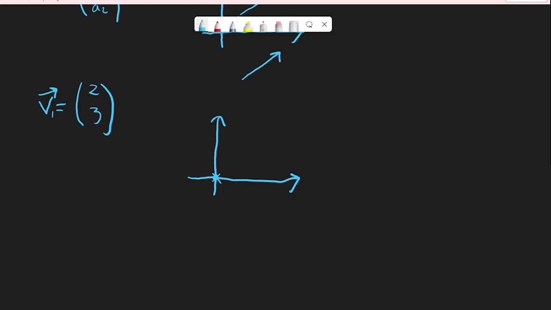And to make this vector, the first input shows me that I need to go 2 steps out on the x-axis. So 1, 2. And the 3 shows that I need to go 3 steps up on the y-axis. 1, 2, 3. So right here is where the vector needs to end.